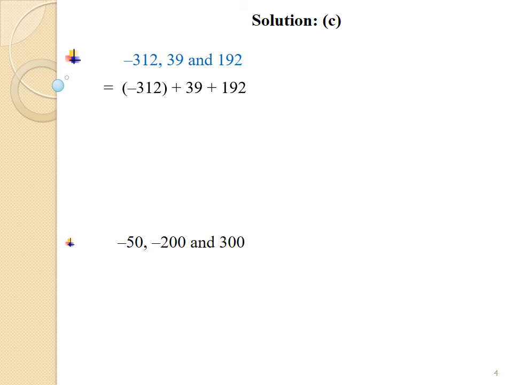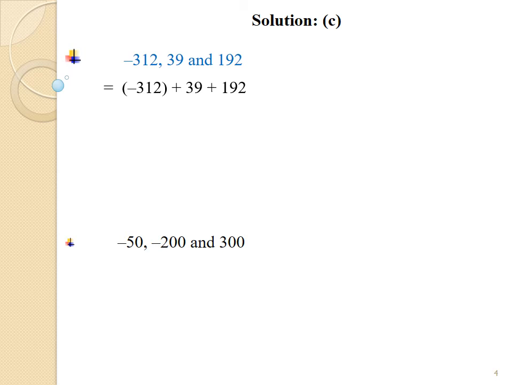We have to regroup positive integer with positive integer and negative integer with negative integer. Note that as we have three integers, that is, the number of integers is odd, one integer will be unpaired, that is, it will not be paired.